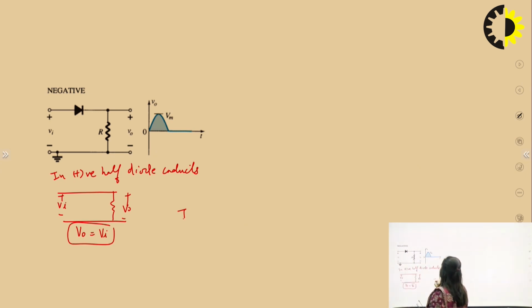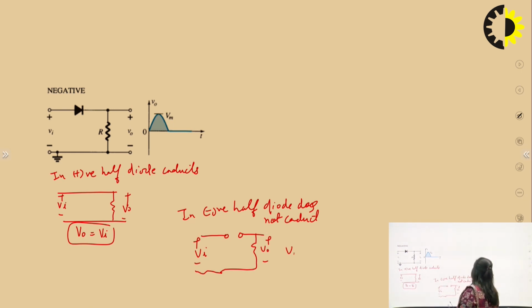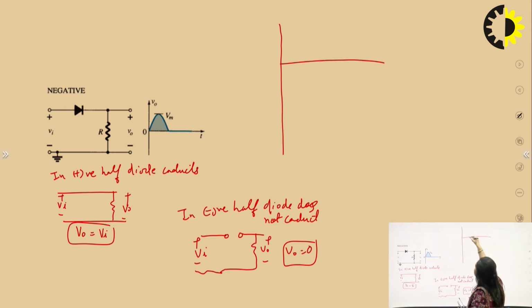In the negative half, the diode does not conduct, so the diode will be an open circuit, the equivalent circuit would be like this, and in that case the output would be equal to 0.